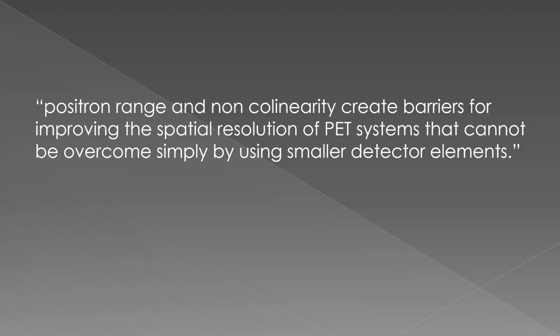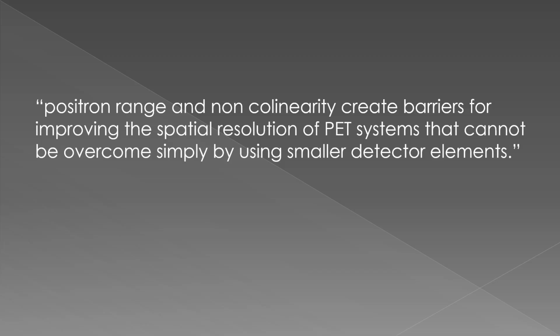Positron range and non-collinearity create barriers for improving the spatial resolution of PET systems that cannot be overcome simply by using smaller detector elements. So remember, a lot of our influence on spatial resolution with the PET scanner is the detector elements and the size of them and the internal spatial resolution capabilities of the camera.